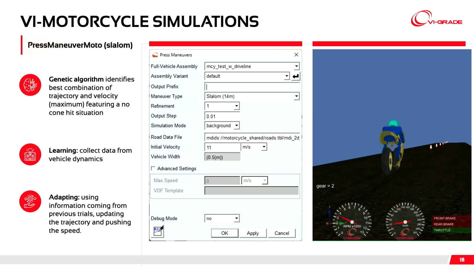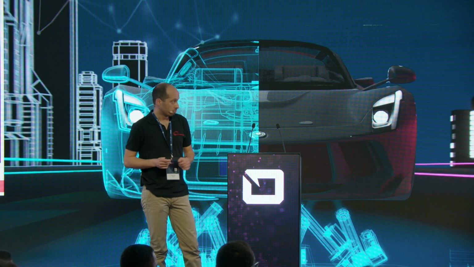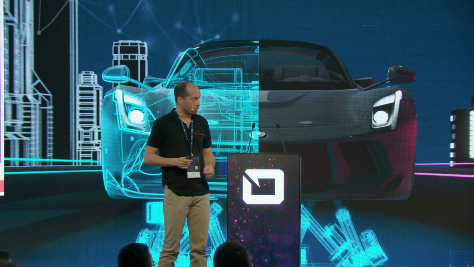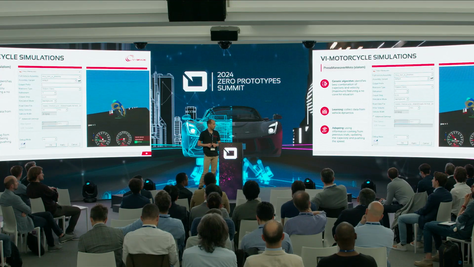Here we rely on a genetic algorithm that generates a family of trajectories, and VI-Rider runs all these trajectories, and the aim is to go through the cones at the maximum speed possible without hitting the cones. There is also a check that stops the simulation if the motorcycle graphics, so the object of the graphic, hits any of the cones. And here is an example of the pressing maneuver.